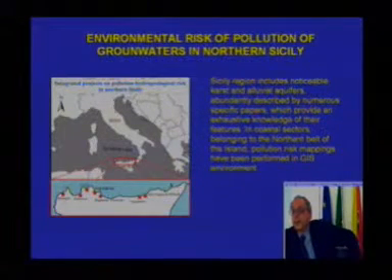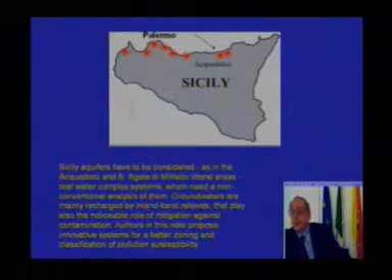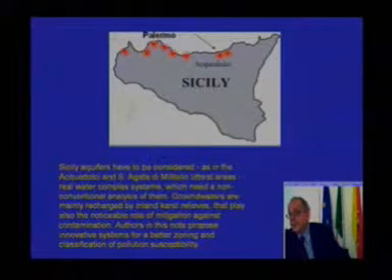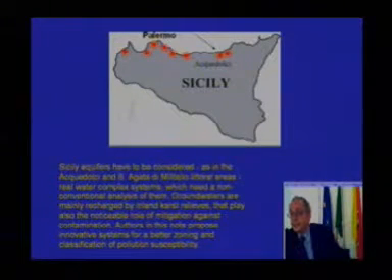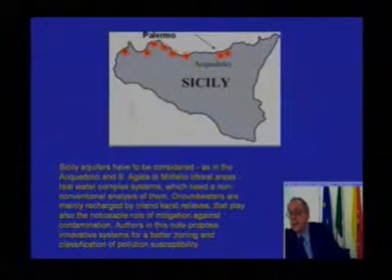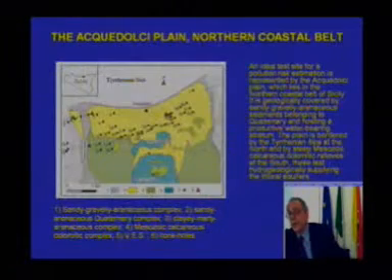We see in this slide some localities of Sicily in which many vulnerability maps have been performed. Among these, we see the Acquedolci test site. This is the test site because of the availability of many data in the Acquedolci area.